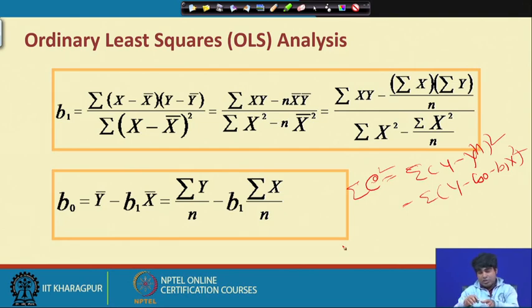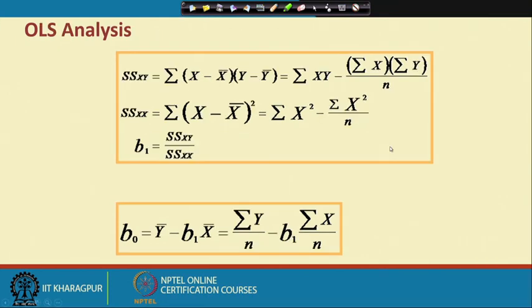I am not going into the derivations, but ultimately once you simplify with respect to b0 and b1, by default you will get the b1 coefficient and b0 coefficient. These will help you predict the y value subject to the availability of the x value. Let us see how the structure looks.